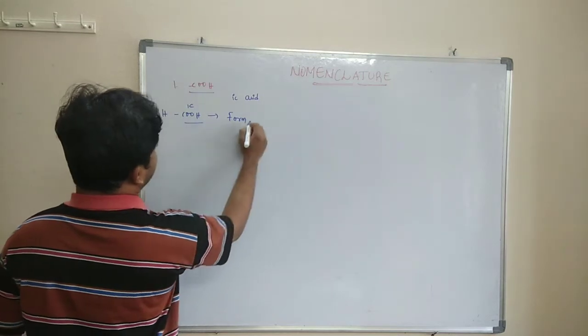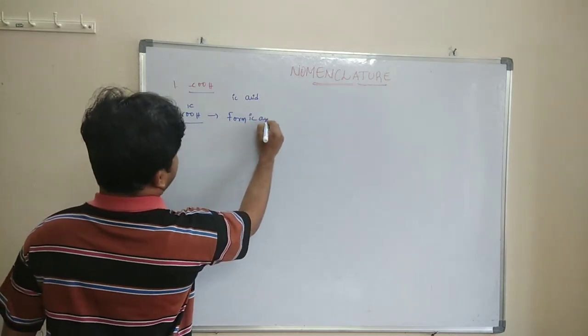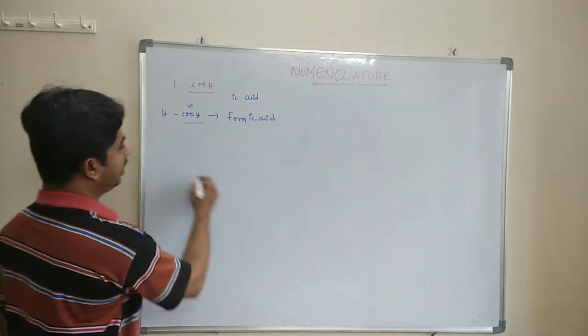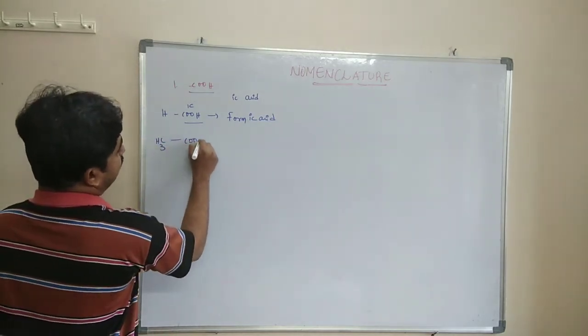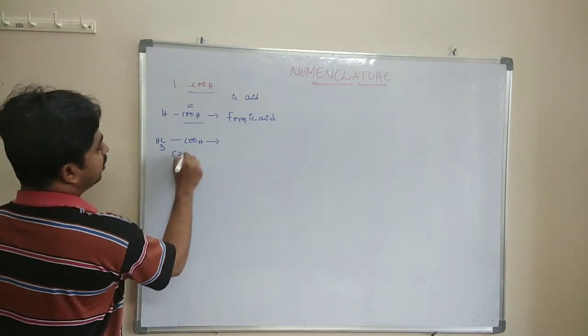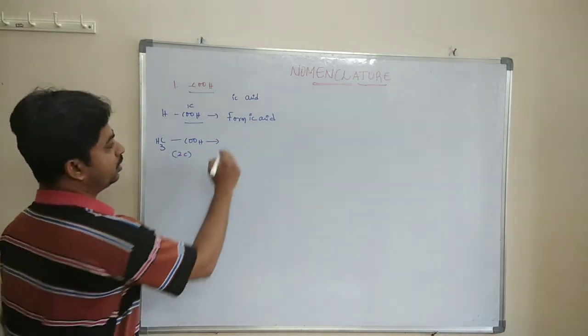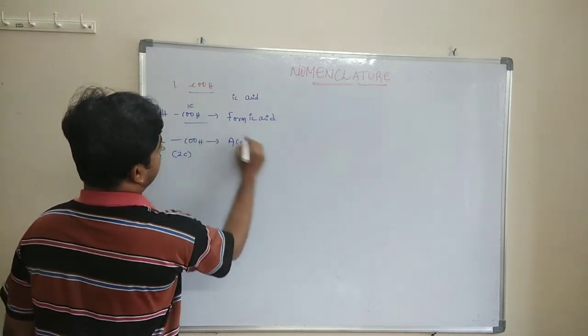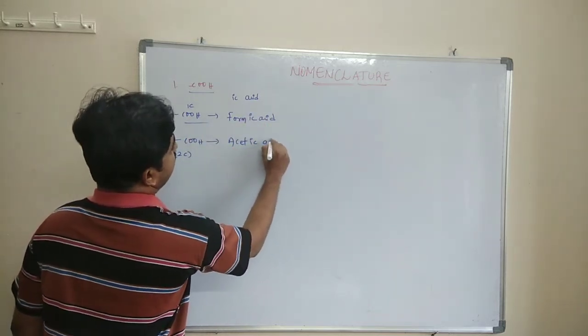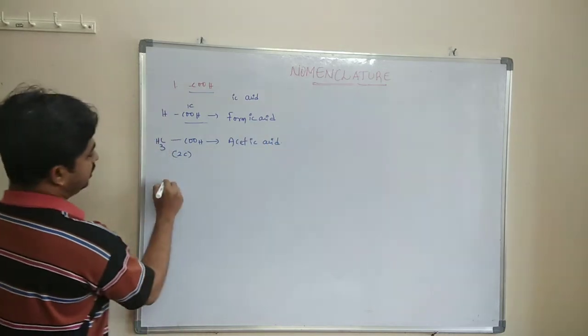The suffix of COOH is ic acid, so the name becomes formic acid. CH3COOH has two carbons, so the word root is acet. The suffix is ic acid, so the name becomes acetic acid.